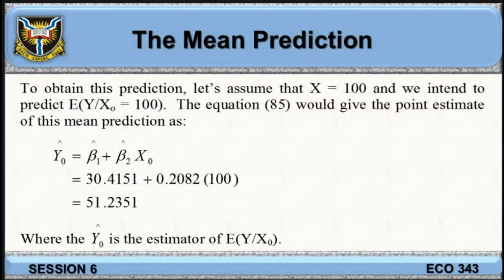Equation 85 would give the point estimate of this mean prediction as Y0 hat is equal to beta 1 hat plus beta 2 hat X0, which is 30.4151 plus 0.2082 times 100, equal to 51.2351, where Y0 hat is the estimator of E(Y given X0).